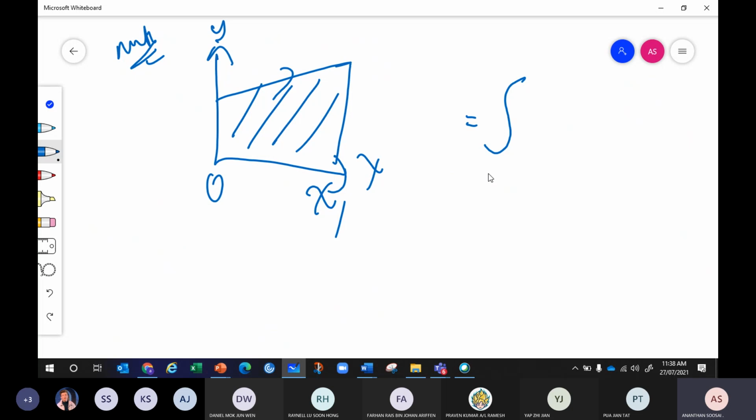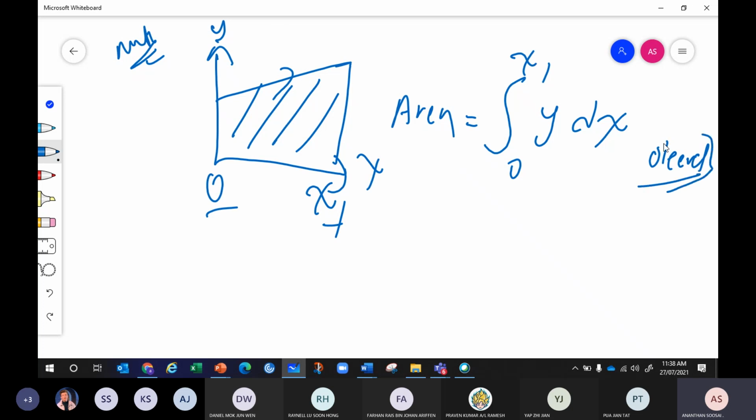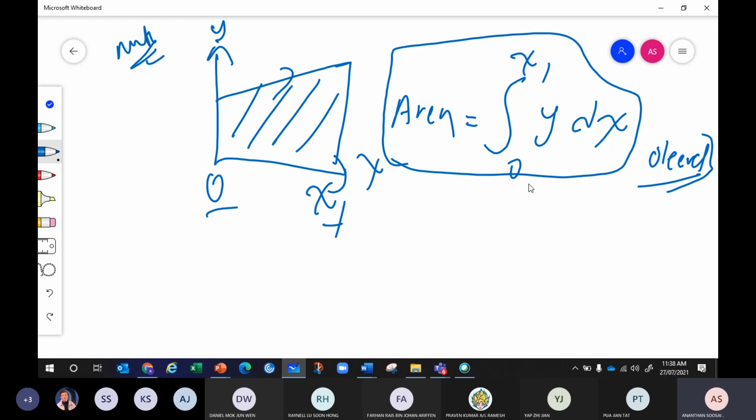You integrate it with the limit of 0 to x1, y dx. This is the area of the graph, correct? This is maybe your O level knowledge. Okay, recall back integration. One of the uses of integration is finding the area under the graph, right? Put the limit, y dx.